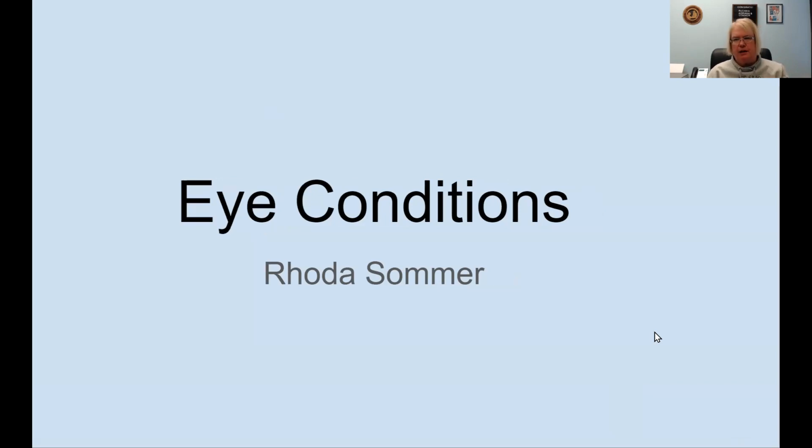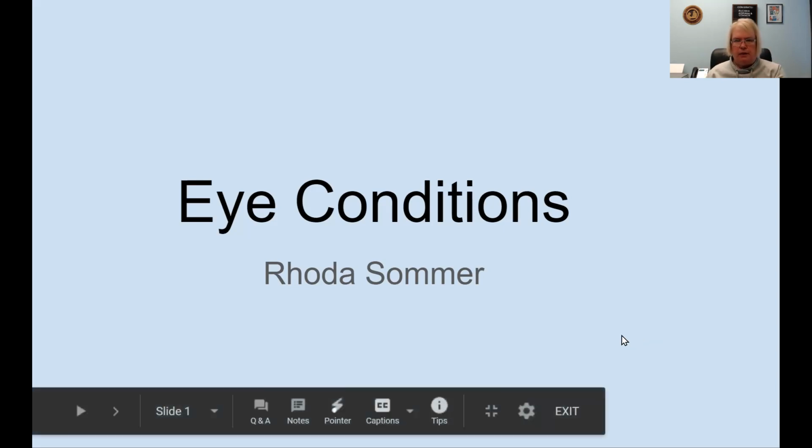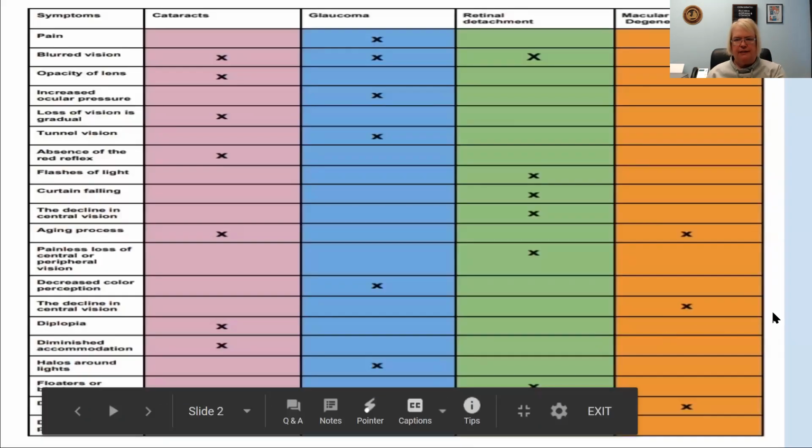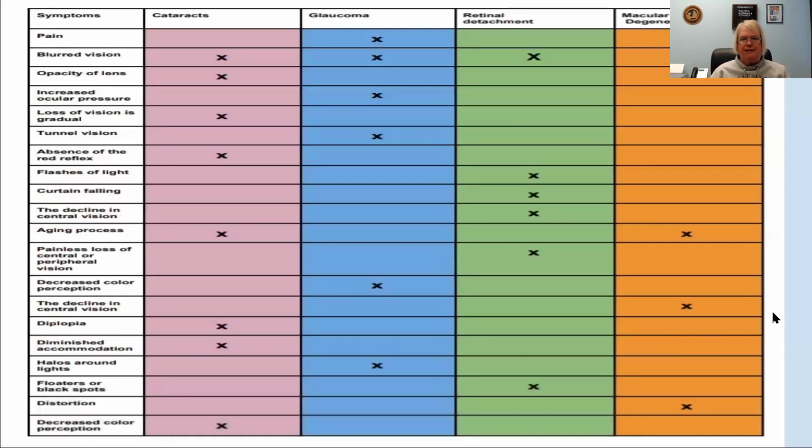Now, the ones I'm talking about are the four biggies, the ones that are constantly coming up. So this is the graph that I sent out recently in my email informational that I send out on Saturdays. It has broken down the symptoms for cataracts, for glaucoma, for retinal detachment and macular degeneration.